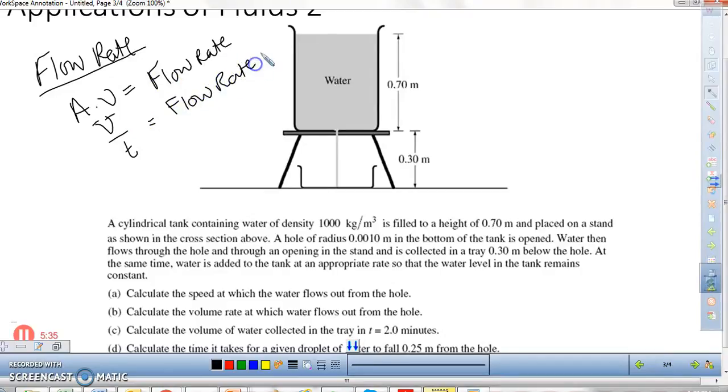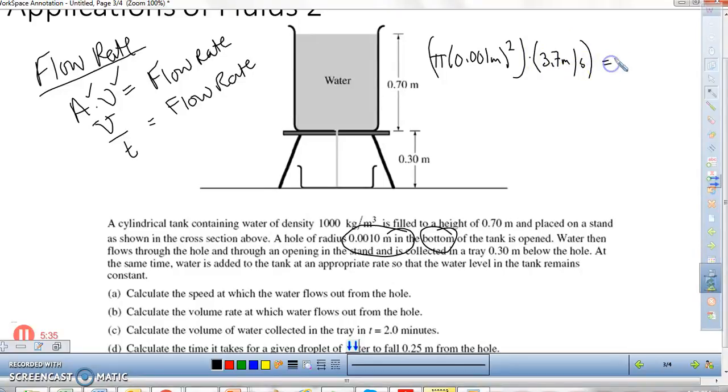Looking at the two options we have at the moment, I hope you notice that we do have the area because we have the radius at the bottom. And conveniently, point A is solved for the velocity. So we can find the flow rate. The area of the pipe is going to be pi r squared times the velocity, 3.7 meters per second.